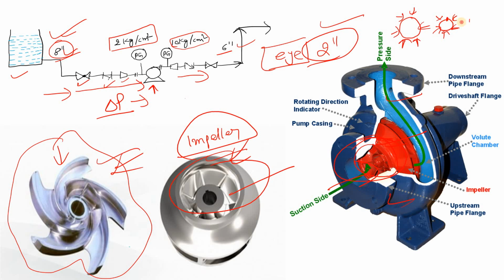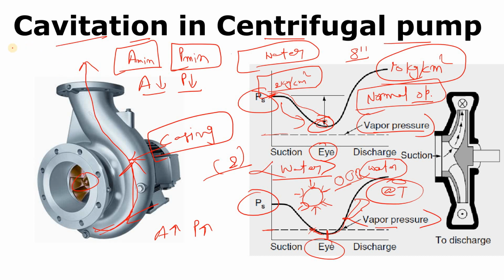As this bubble bursts, all the liquid will occupy this space, and this liquid will come very fast, meaning its velocity will be very high. So it will impact the surface of the pump. That's why we say that cavitation is not good for our centrifugal pump.